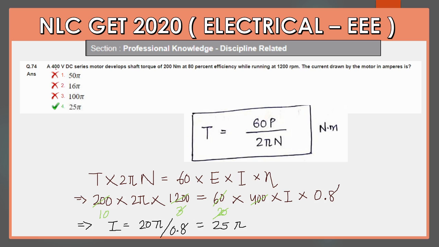Next question, it is saying 400 volt DC series motor develops shaft torque of 200 Newton meter at 80% efficiency while running at 1200 RPM. So we know that this is the formula for torque. If you put every value here, you will get finally I value as 25 pi.